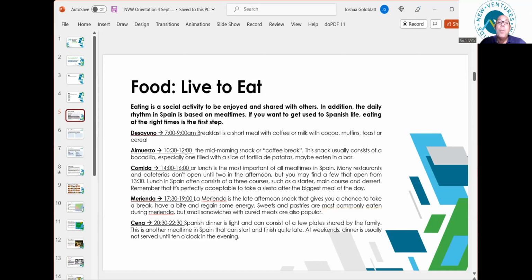And then our comida, which is normally at 2 o'clock, 2:30, 3 o'clock. It is the most important of all meal times in Spain, lunch. Okay? This is why we say that days in Spain are longer, because you have before lunch.